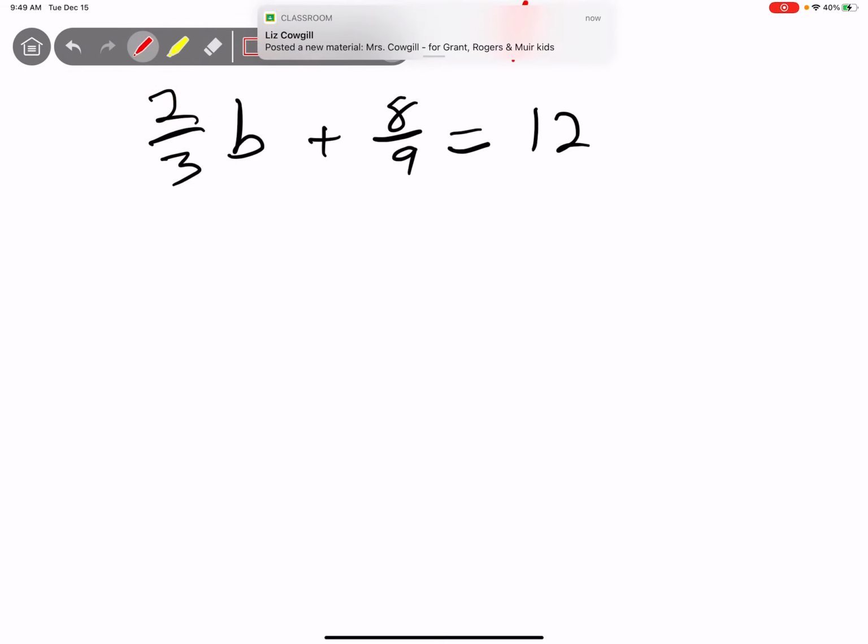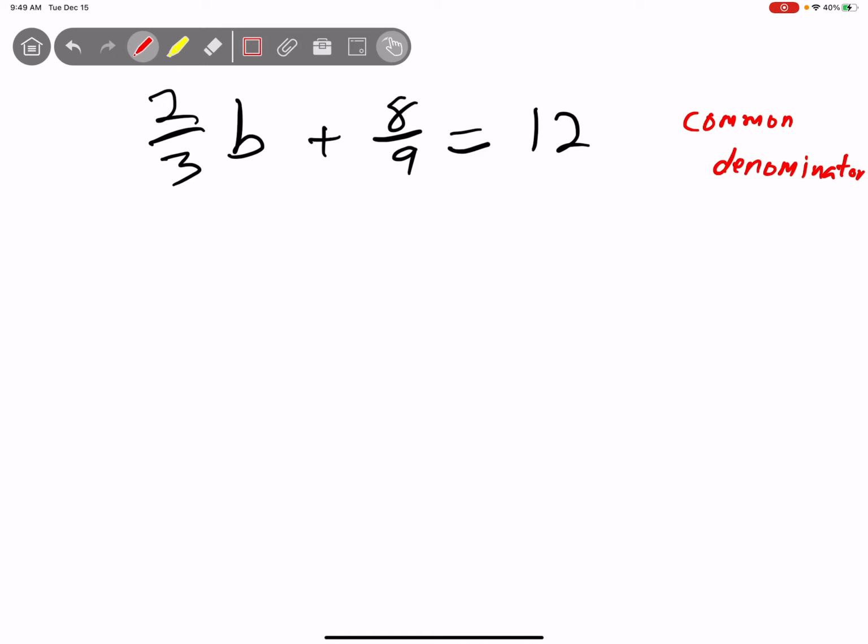Well, there's something that we've called a common denominator. We all know what a common denominator is, and in this case, if I'm looking at thirds and ninths, my common denominator is 9. So what I'm going to tell you to do is multiply everything by your common denominator.